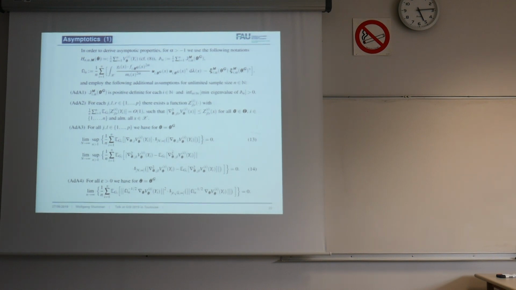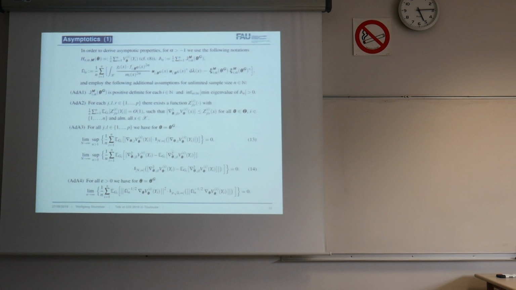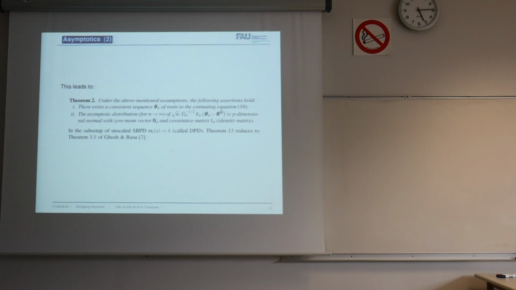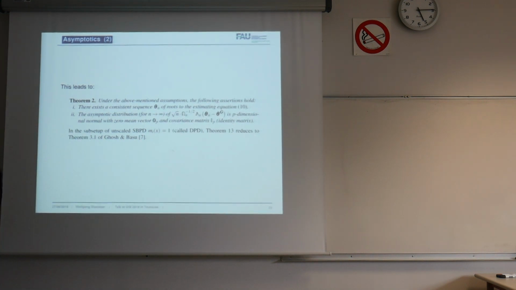So at the end, I would like to show you an asymptotic result for the estimators. For this, I need to introduce some notation which I will not go through. And here's the theorem. There is the existence of the roots of the estimating equations. That's one important thing.